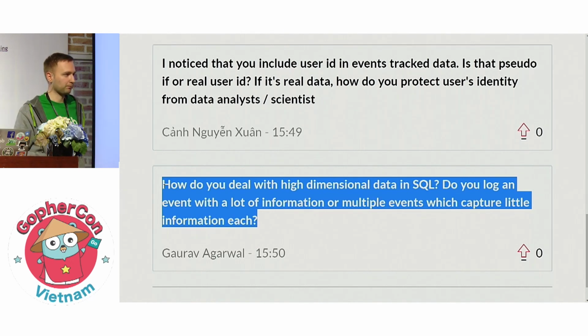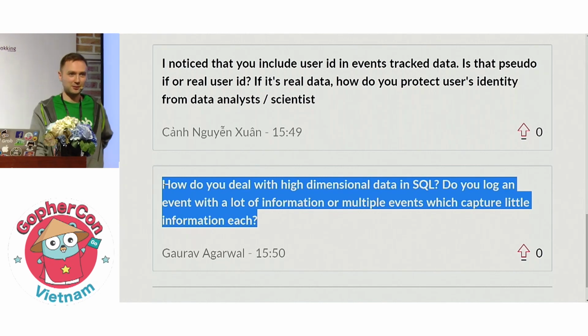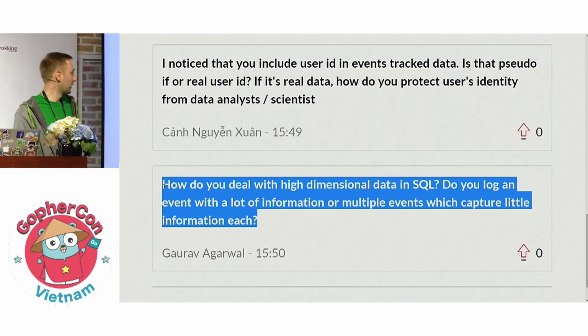But typically, we want to include an actionable event with all the information it needs, things like city and location and whatever you want. So it makes processing jobs much easier, because think about it, you have 2 terabytes of data. Don't try to join 2 terabytes of data with another 2 terabytes of data, right?